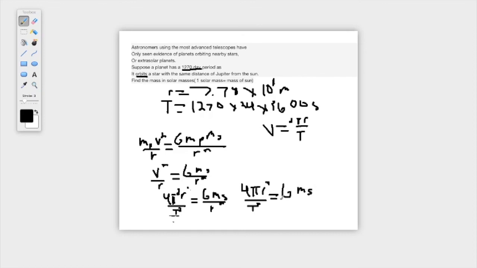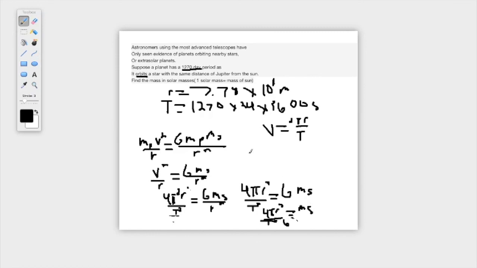And then you just divide by g, and you get 4 pi squared r cubed over t squared g equals ms. But that's just the mass in kilograms.